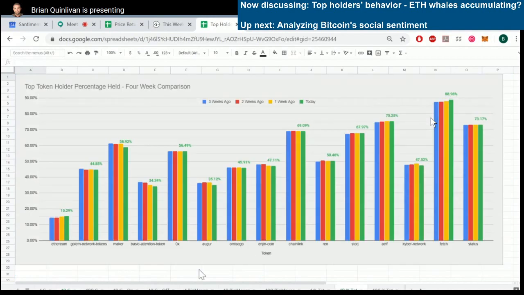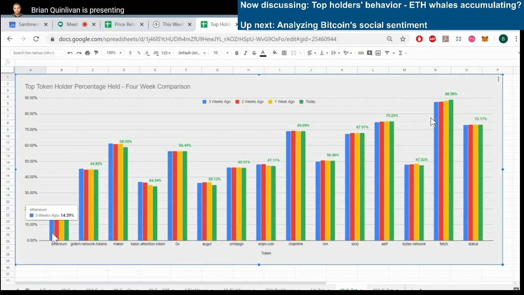So what this shows is basically the same graph that we were looking at before, but from the perspective of what the total percentage is held by those top 10 holders. So this is the same top 10 holders that we're looking at, but it's showing from a weekly trend how much they are rising. Now, obviously, Ethereum, because it's such a popular coin, the second market cap ranking, there are more holders overall in Ethereum than in these other projects, which is why you see that the top 10 holders only hold 15% versus something like Fetch, which is almost at 90%, right?